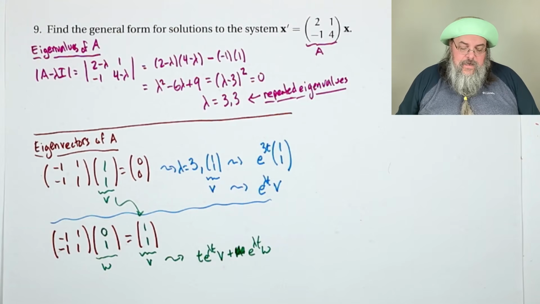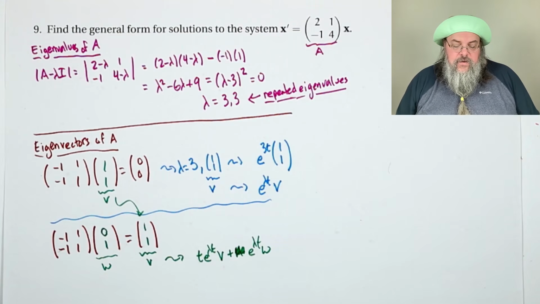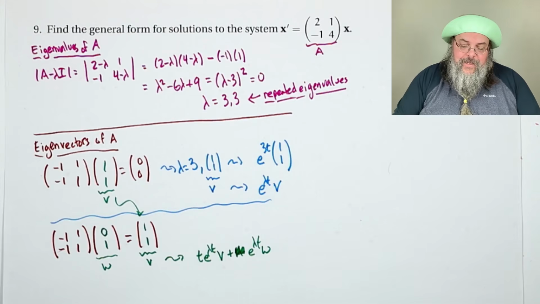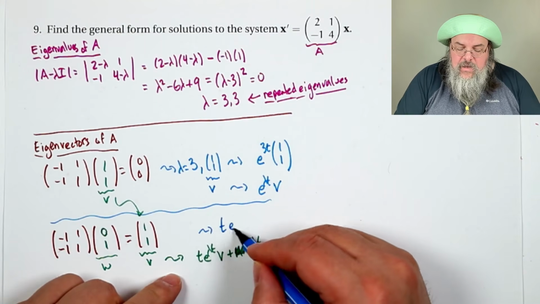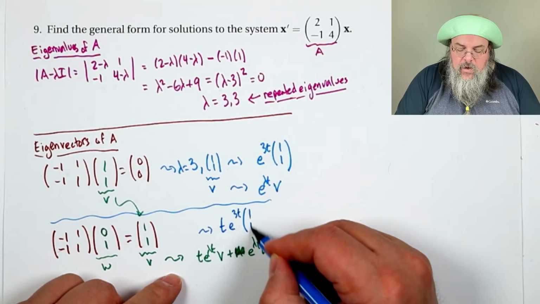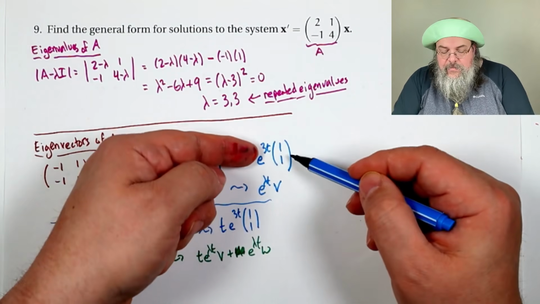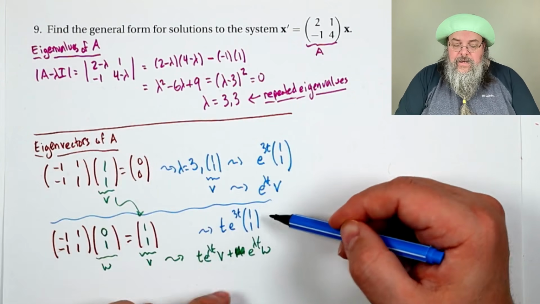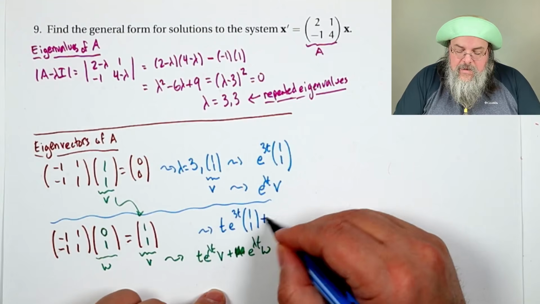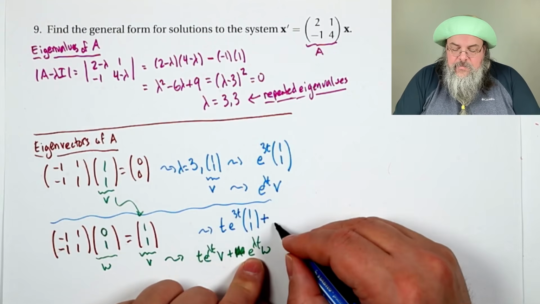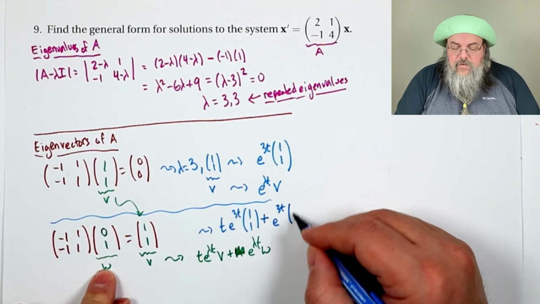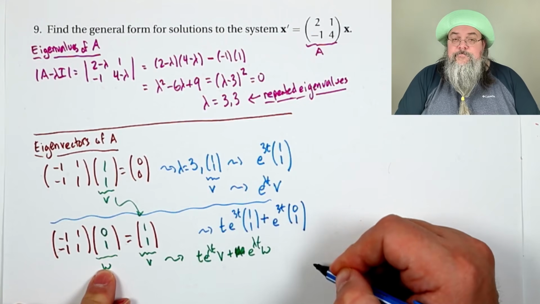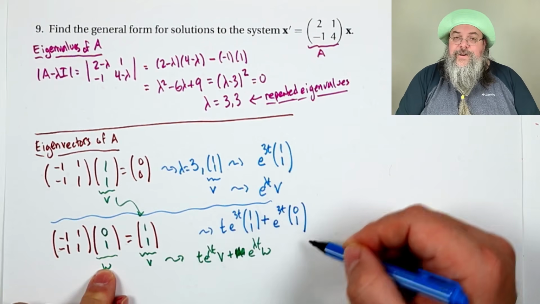For us, our second solution looks like t e to the 3t times 1, 1. So we take our first solution and multiply by t, but then we add a correction term, e to the 3t times this w, 0, 1.